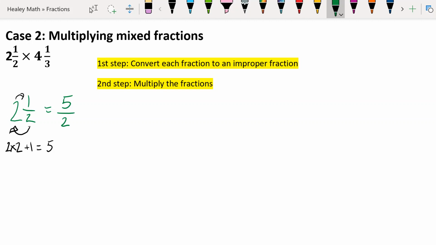If we look at the second fraction, we have 4 1/3. Same steps, we need to multiply the denominator by the whole number, and we need to add the numerator to it. And 3 times 4 is 12, plus 1 is 13.